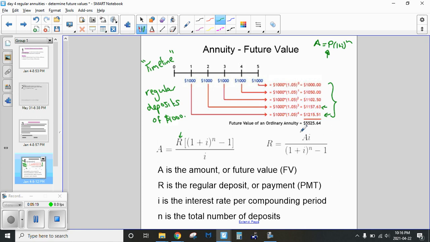On the right side of the screen, there's the same formula rearranged to solve for R. To get this variable R by itself, we've multiplied both sides by I, A times I, that's what we see here now, and then divided by that whole big square bracket to move it away from the R. So you don't need to know how to rearrange it.